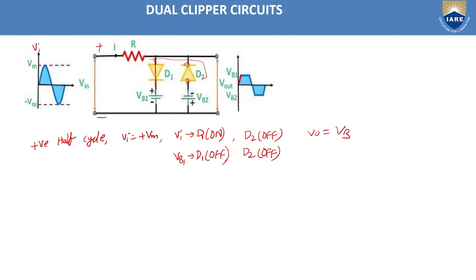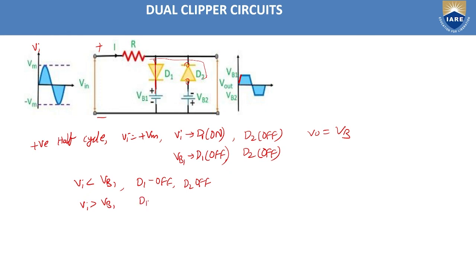During the positive half cycle again we need to check once the input voltage is less than Vb1 what will happen, and once the input voltage is greater than Vb1 what will happen. Once the input voltage is less than Vb1, the diode D1 is in off state and diode D2 is in off state, both are in off state.